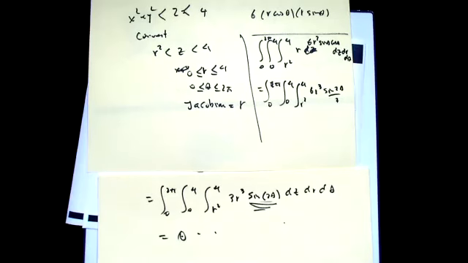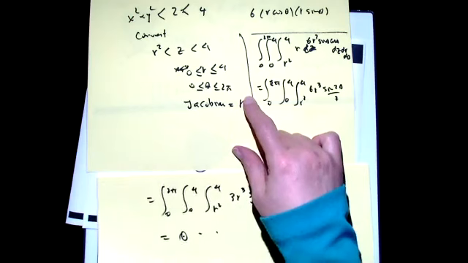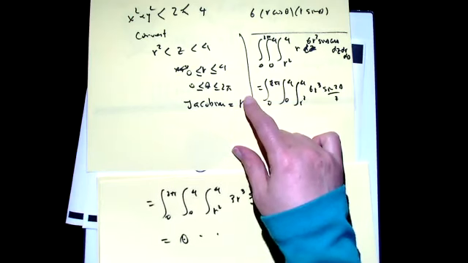Wait, the final answer is going to be 0 because of that thing. So it turned out to be beautiful, right? Are you guys with me? I could have just skipped this part, and the reason I didn't skip it was because I was tired.